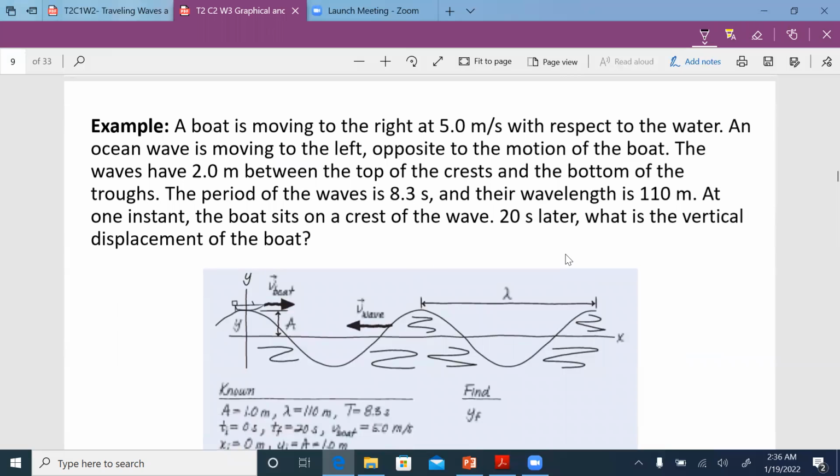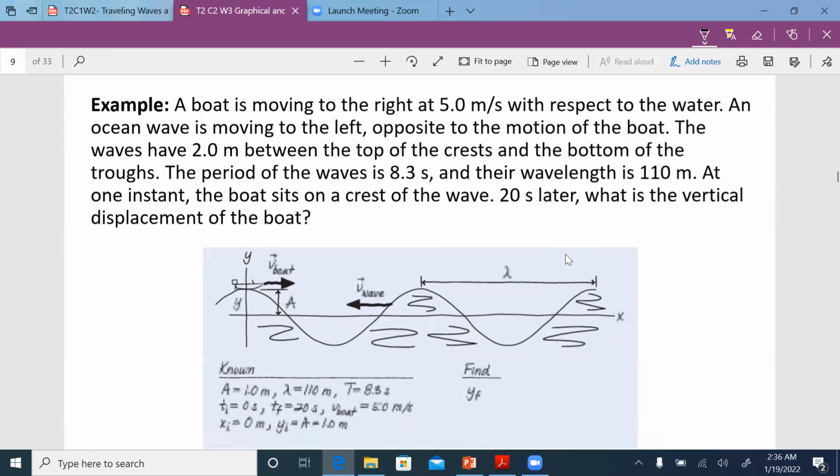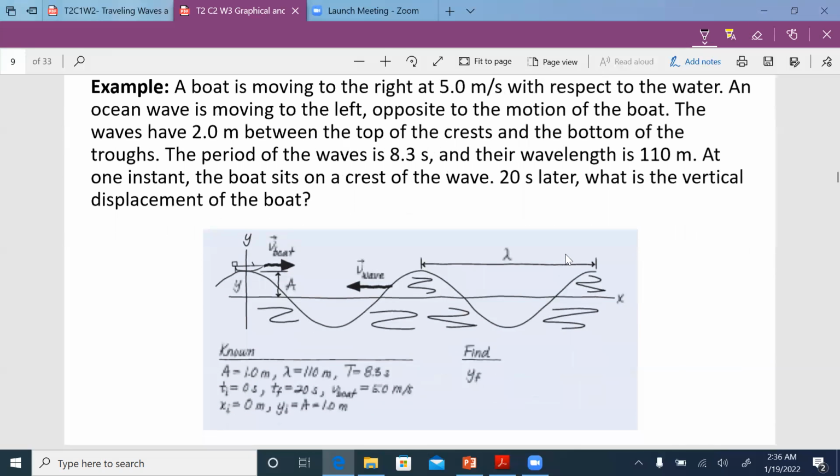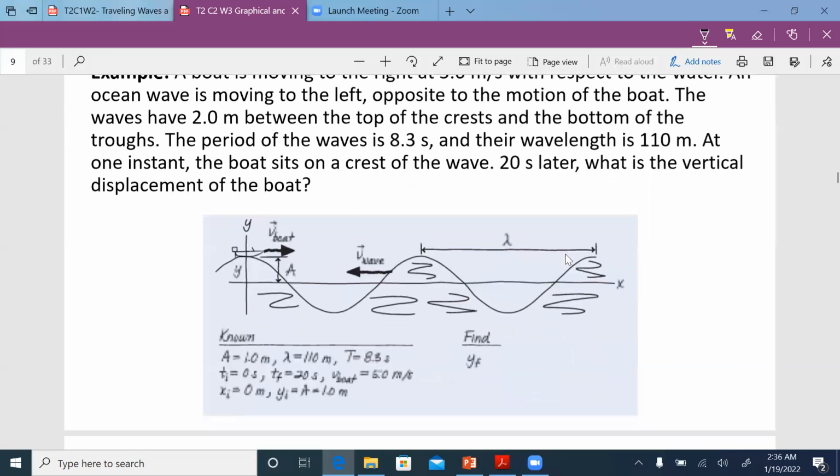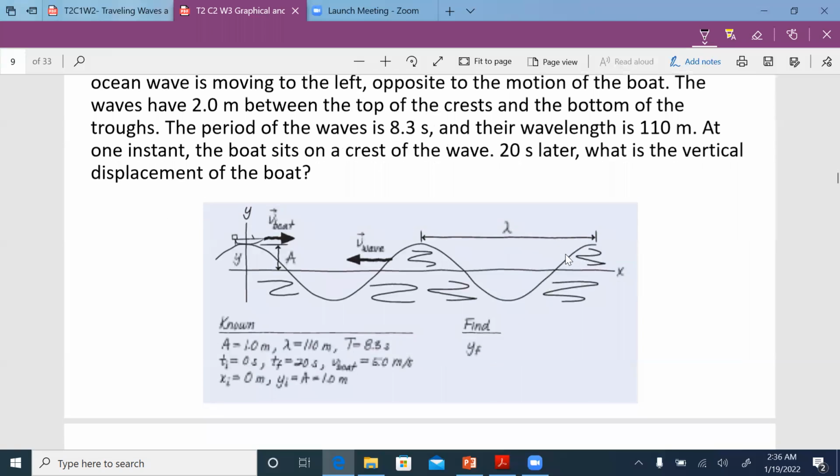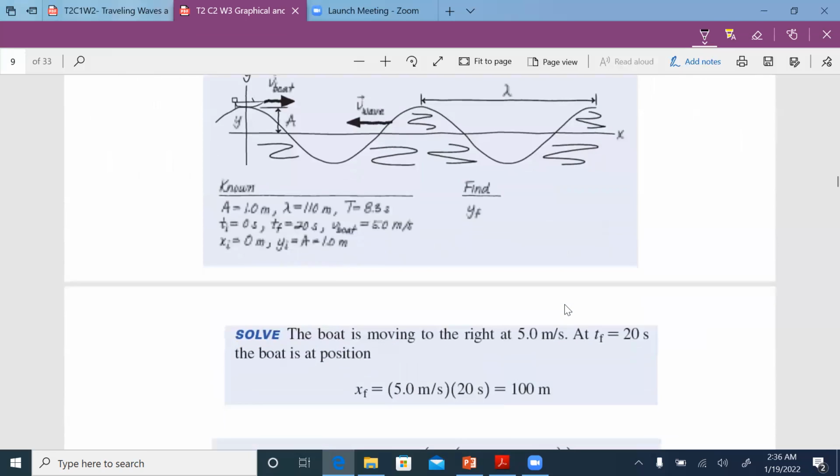So let's see the visual diagram representation. The boat is moving in the opposite direction to the wave, and the other parameters are as given here. And we are looking for our final displacement.